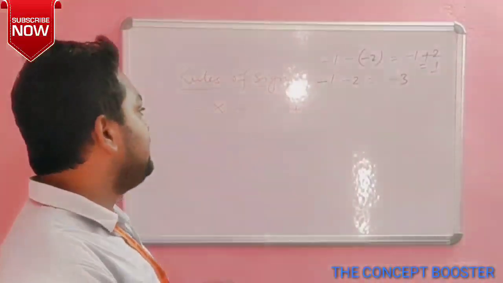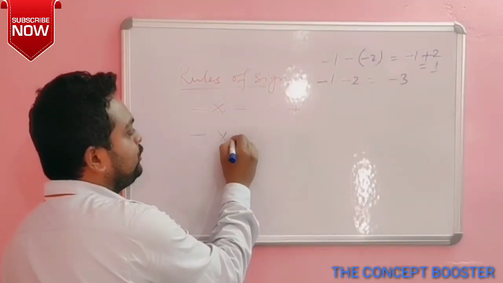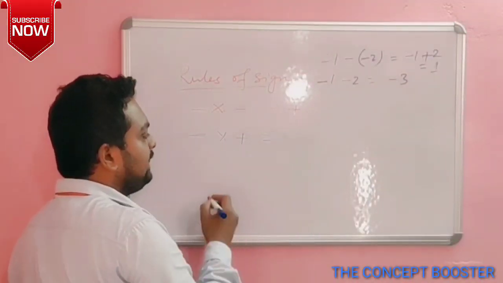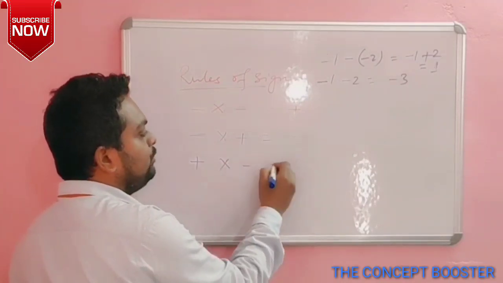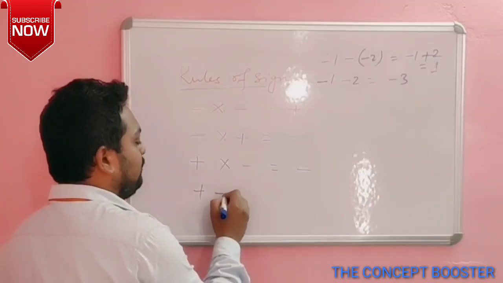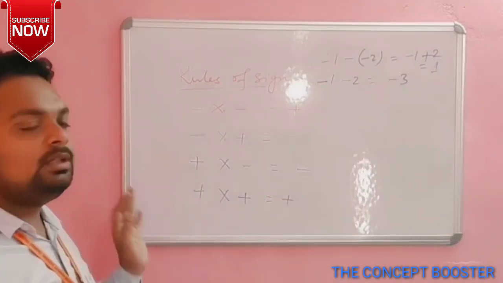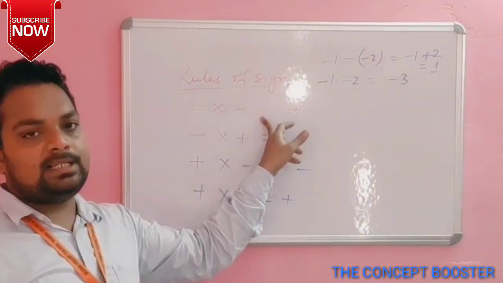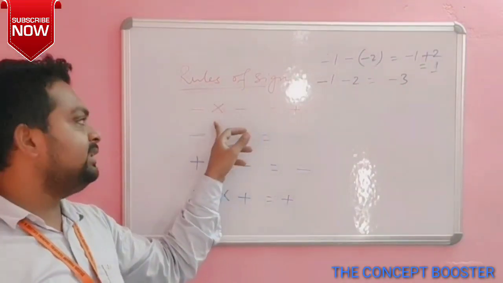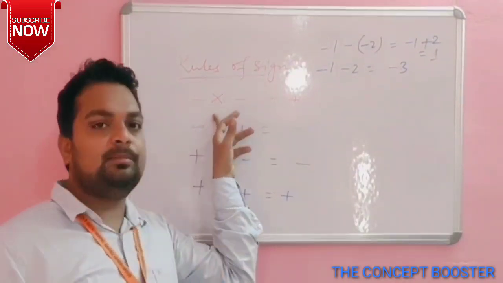Now minus into minus is plus. Again minus into plus is equal to minus. Plus into minus is equal to minus, and plus into plus is plus. So this sign rule you have to use. For the "into", it is not always written. Sometimes you get the bracket, most of the time you get the bracket only.